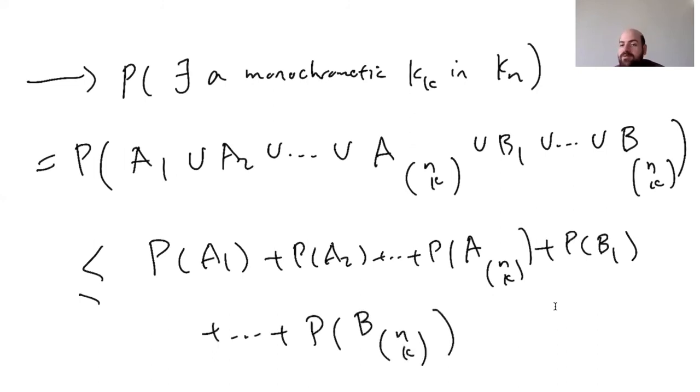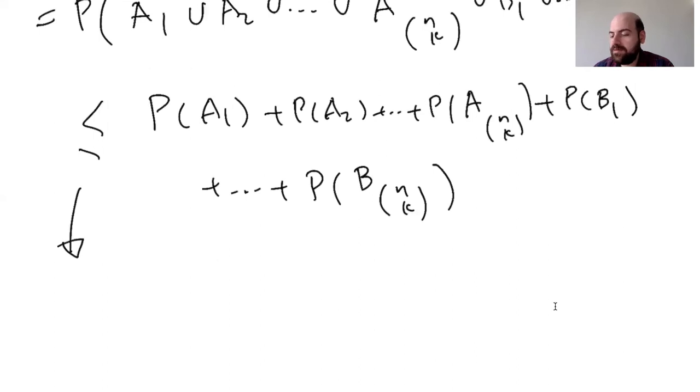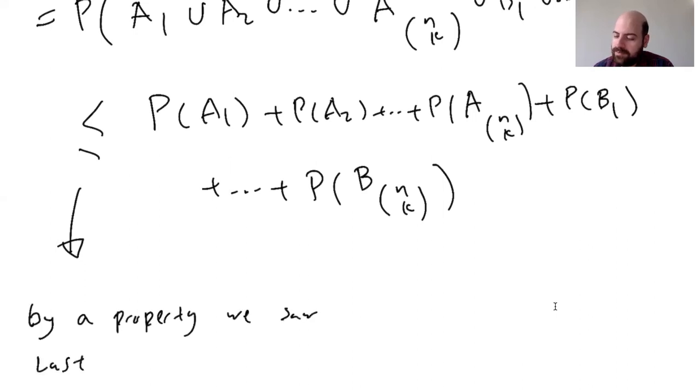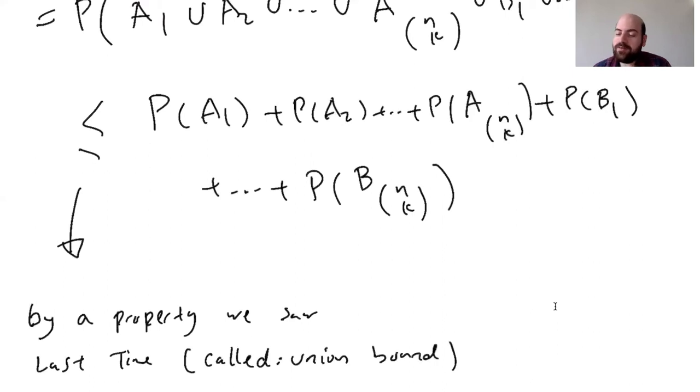If you remember, this was a property we saw last time, and this property is called the union bound. Why is it called the union bound?